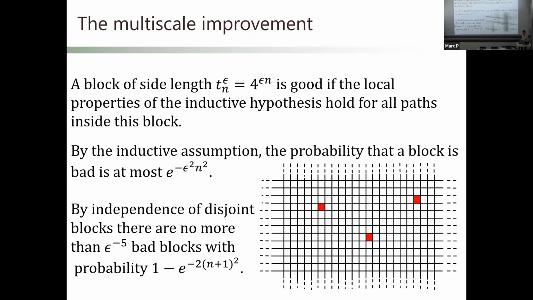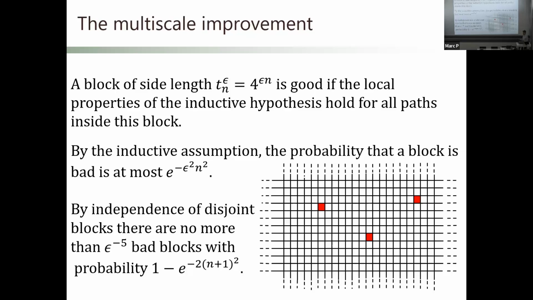And this is typically what you see in multi-scale arguments. It was actually summarized to me by Gady Kozma as: multi-scale arguments all look the same. It's boxes within boxes within boxes.